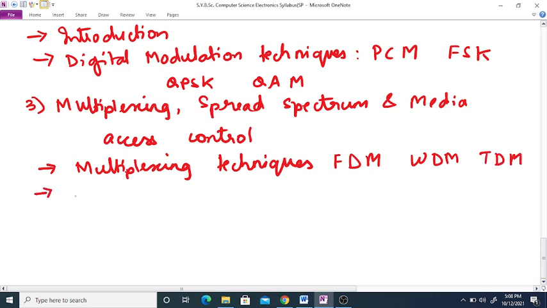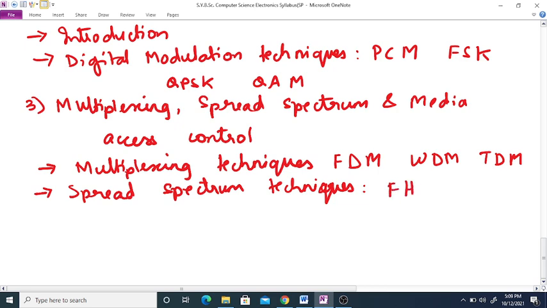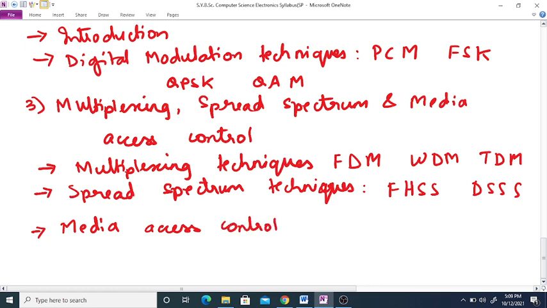Next, spread spectrum techniques. In this again we have frequency hopping spread spectrum, that is FHSS, then DSSS, that is direct sequence spread spectrum. Next, media access control, that is MAC.